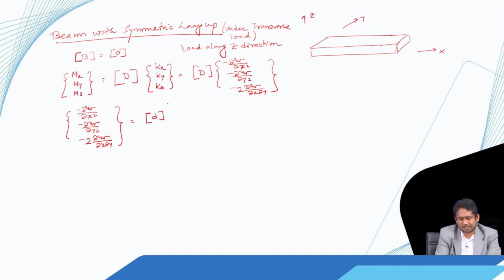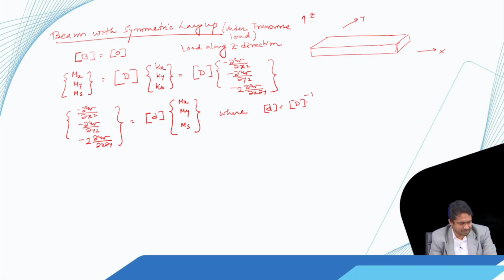So we get a small d matrix here and we get Mx, My and Ms, where the small d matrix is the inverted version of the capital D matrix. Here w is a function of both x and y.